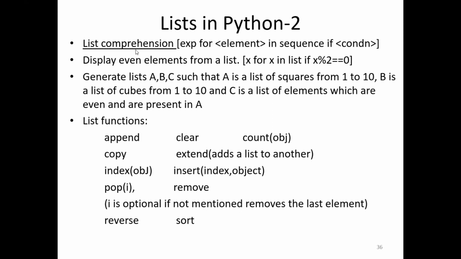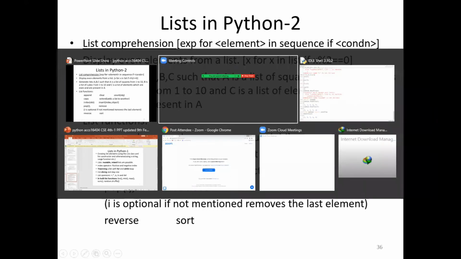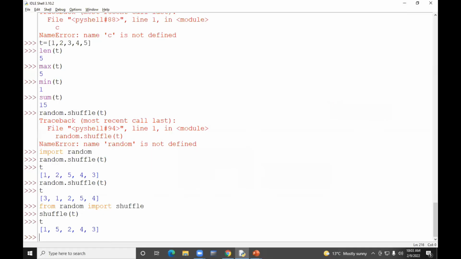So what is list comprehension? List comprehension would be a shorter way of writing your Python code with respect to lists. Okay, so I'll take an example here for you. What exactly is list comprehension? Say for example, I have a list, say x is equal to 10, 20, 30, 40, 50. I have a list there with me.